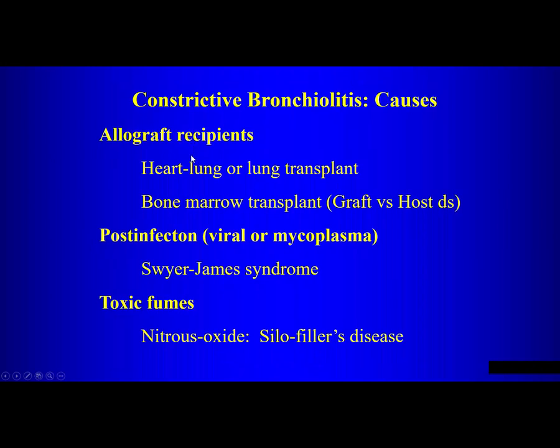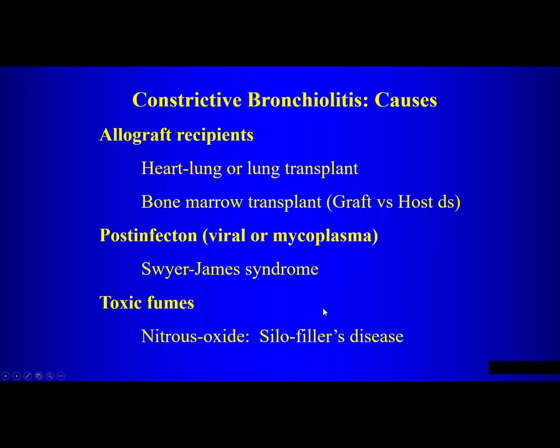You can get it with lung transplant. Rejection of lung transplant is manifested as bronchiolitis obliterans as the immune system attacks the transplanted lung. You can also get this with bone marrow transplant, that's graft versus host disease. This time the white cells, the immune cells of the transplanted bone marrow, attack the native lung.